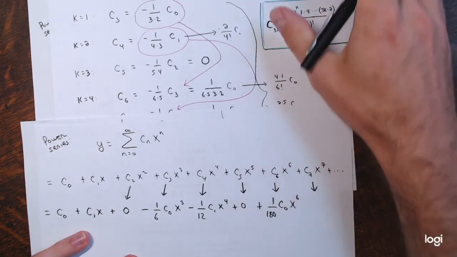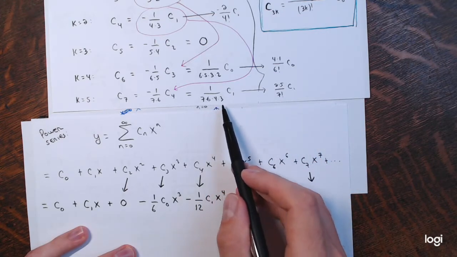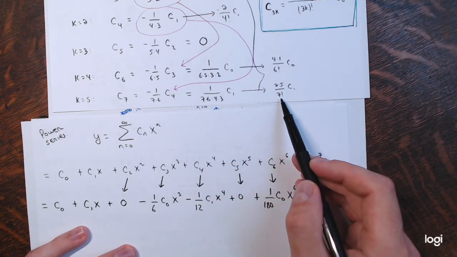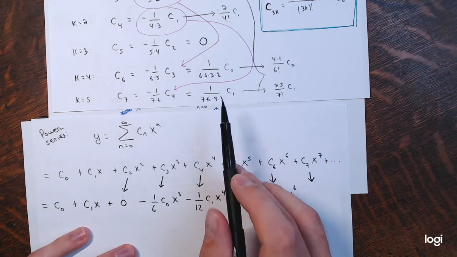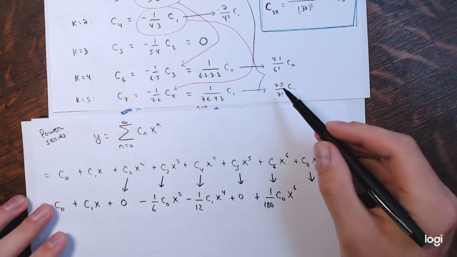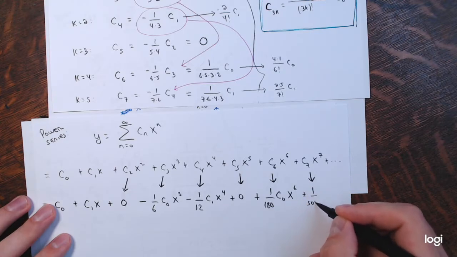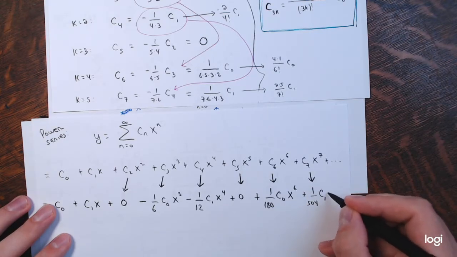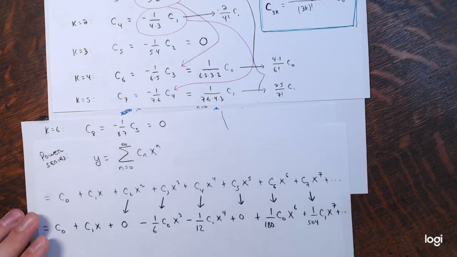C7, we saw, I think was 1 over 504 because it's 10 over 7 factorial. Well, this is just 42 times 12, which is 504. So this is 1 over 504 times C1 times x to the seventh, dot dot dot. And then plus 0, because C8 would be 0, and so on.